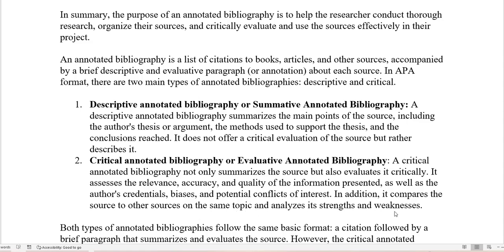So typically, when you're at the beginning of your research project, you don't know that much about your topic. You usually start out with a lot of sources in which you're using the descriptive annotated bibliography method, where you summarize a lot of articles. Then once you get to know your topic really well, I remember I had to write a paper for a whole year.